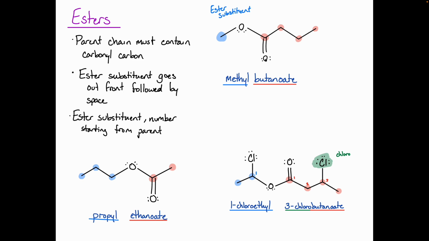Cool, so esters, because they have these two halves to them, are a little bit trickier than our other carboxylic acid derivatives, all right? And we're going to see something similar with amides.